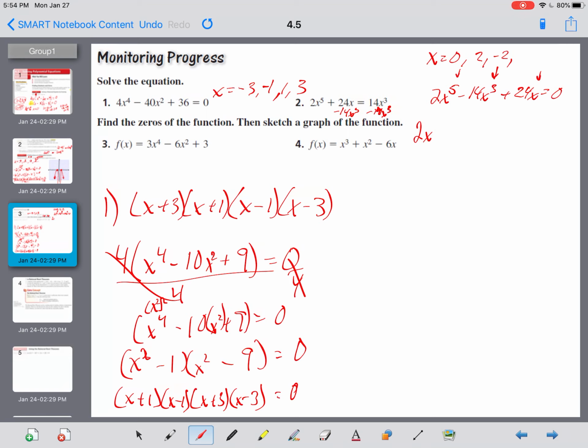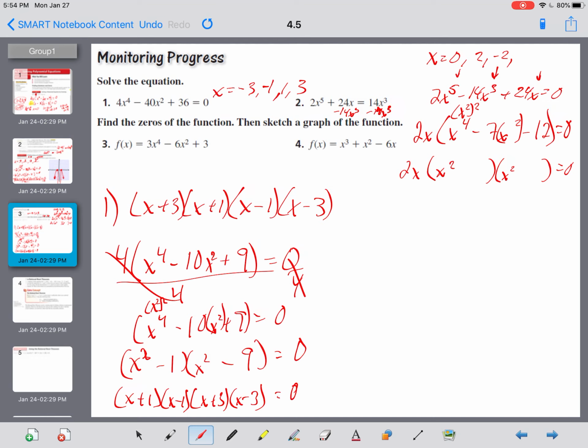So if I pull out the 2x, I get x to the 4th minus 7x squared plus 12 equals 0. And that means we get 2x, and we're going to break this apart. And that's my whole thing, so x squared squared. So each one gets an x squared.